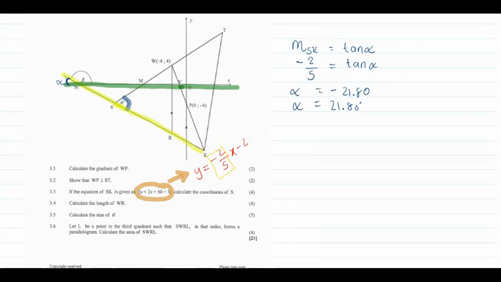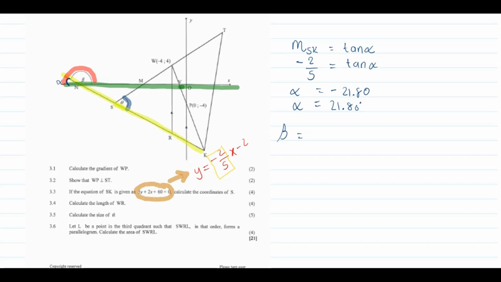Let's just leave out the negative for now, right? Then obviously we can calculate our angle beta, by using angles in a straight line equal 180, right? So we can calculate our angle beta by doing 180 minus 21.80.